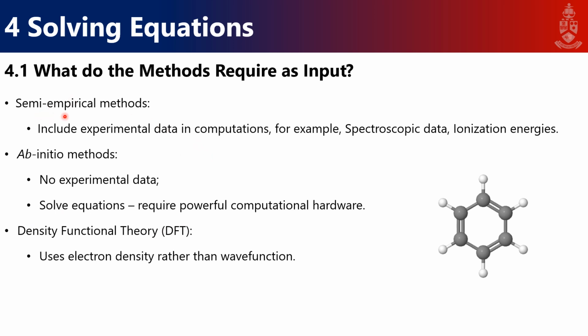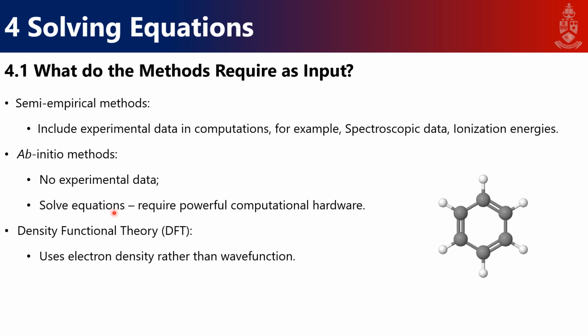Semi-empirical, we've discussed: we include experimental parameters in our computation. For example, we can use spectroscopic data or ionization energies to calculate what we want, or to simplify our calculations. Our ab initio methods use no experimental data.